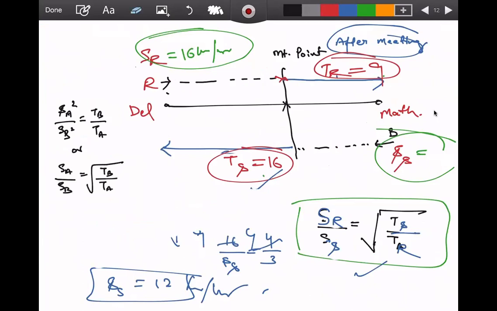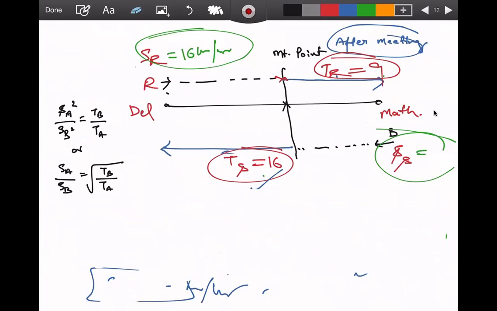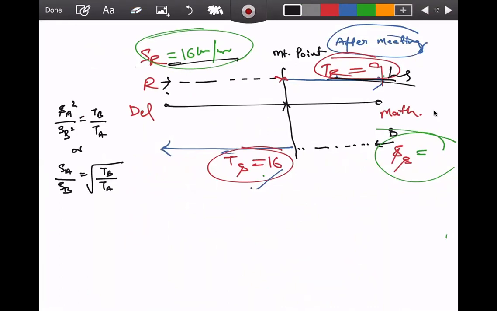So in this case, it is given that Rakesh's speed is this, time taken by Rakesh after meeting to reach destination is 9 hours. Similarly, speed of Suresh, we have to find this, and time of Suresh after meeting is 16. So I can take SA as Rakesh.